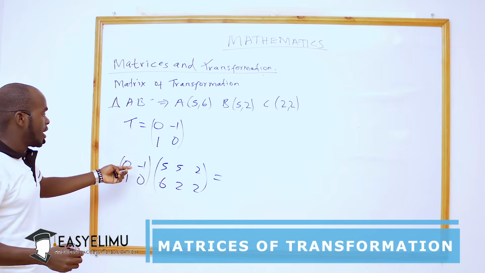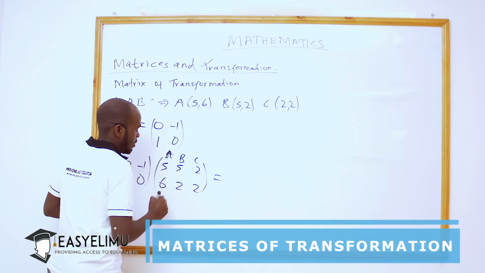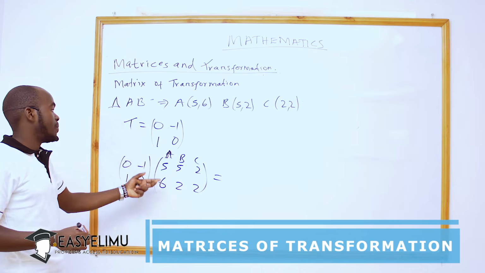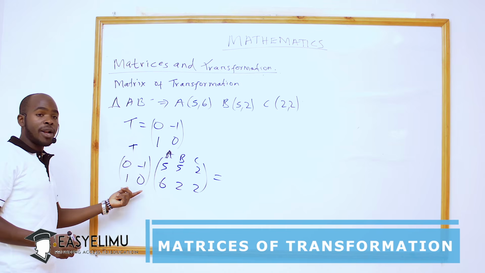For instance, here is our triangle ABC with these vertices being subjected to a transformation of 0, -1, 1, 0.